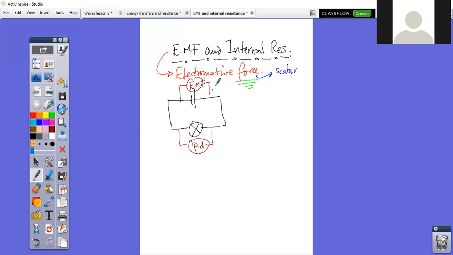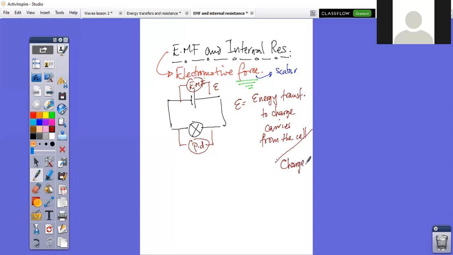And it is given the symbol E. So E has the same formula as PD, but the way to think about it is E is energy transferred to charge carriers by the cell, divided by charge.